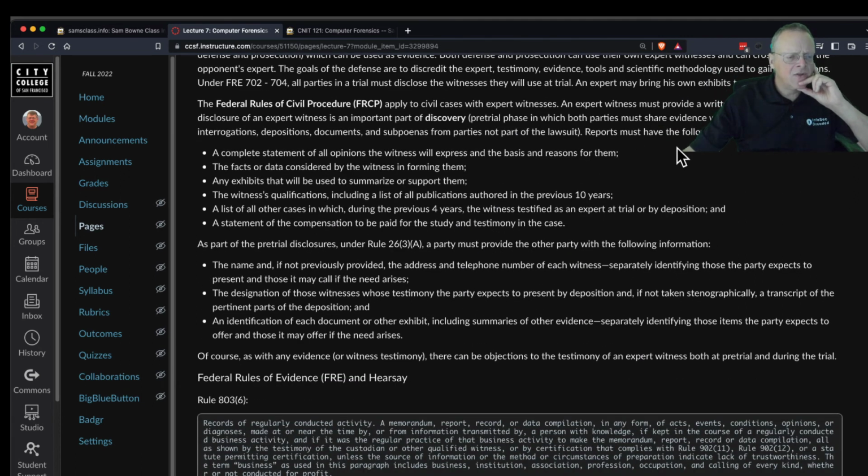And so you have to have reports that state all the opinions you're going to make and the reasons for them, the facts, the exhibits, and the witness's qualifications, like I said, including a list of all your publications authored in the previous 10 years, a statement of how much you're being paid. These are things that must be there, a list of your other cases that you've testified on, and all these are things that are available to both sides and to the jury so they can know how much they should trust you.